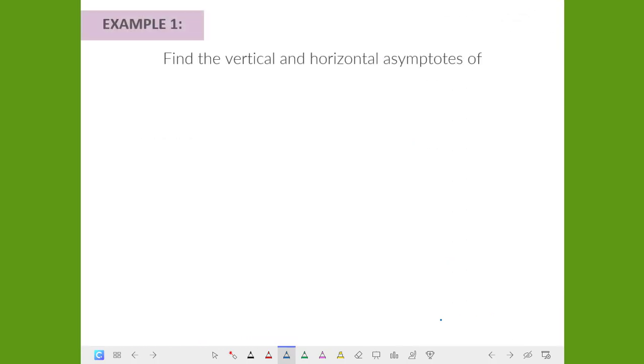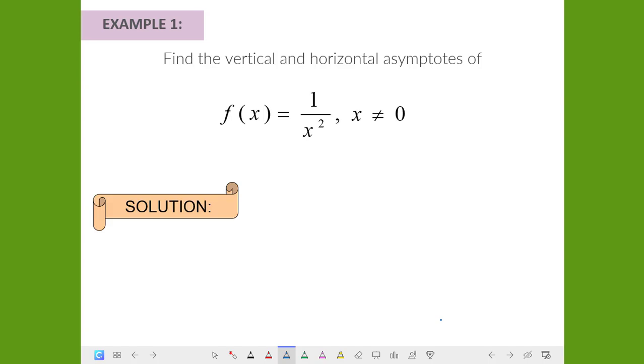Example 1. Find the vertical and horizontal asymptotes of this function. Here x is not equal to 0, so the domain is all real numbers except 0. You can check from the given domain, transferred to interval form.